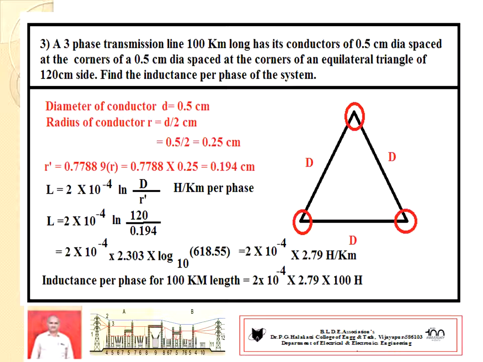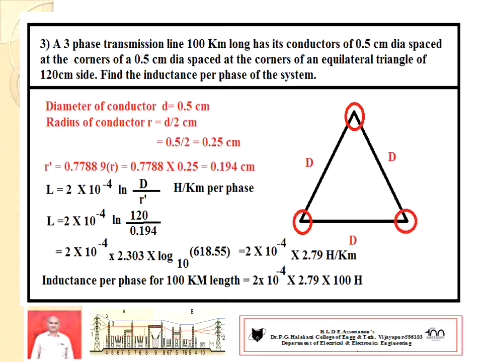From reading the problem, it is clear that it is equilateral spacing. For equilateral spacing, you draw the equilateral triangle, then place the three conductors at the corners. Let D be the distance between conductors, it remains the same. The diameter of the conductor is given, d equal to 0.5 centimeter, then go for the radius of the conductor, r equal to d by 2.